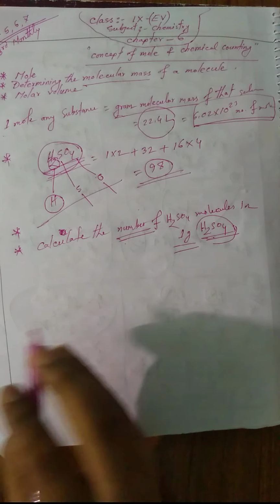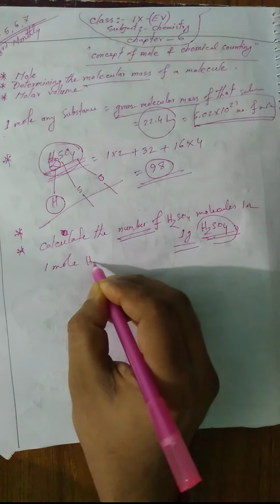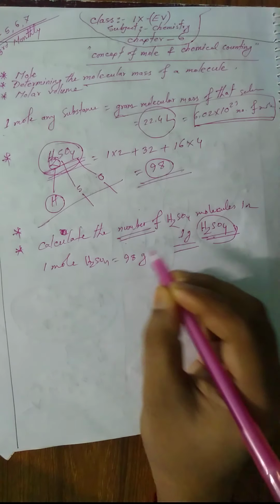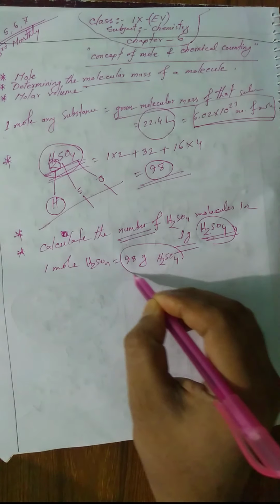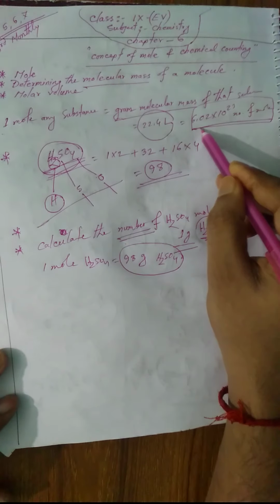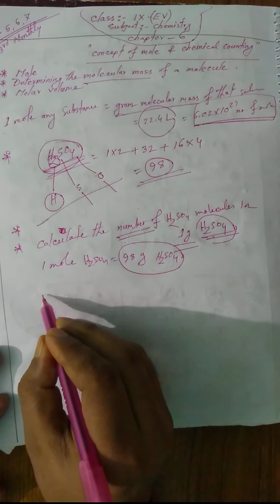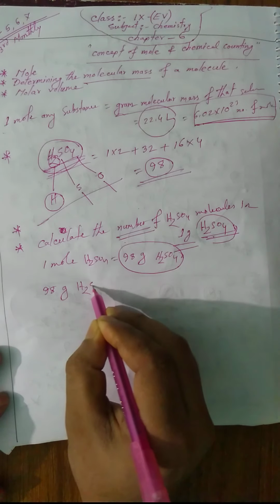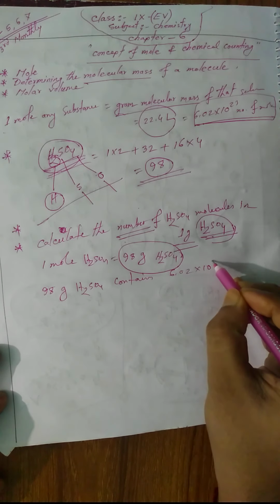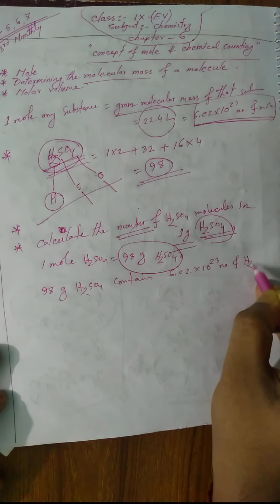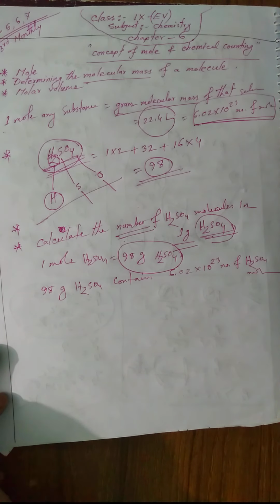So 1 mole H2SO4 is equal to 98 gram H2SO4, and this amount contains Avogadro number of H2SO4 molecules. So 98 gram H2SO4 contains 6.02 into 10 to the power 23 number of H2SO4 molecules.